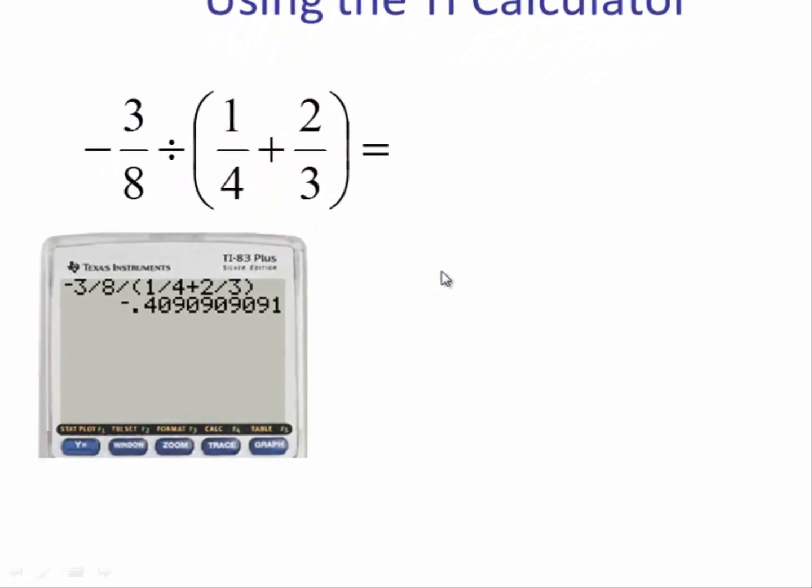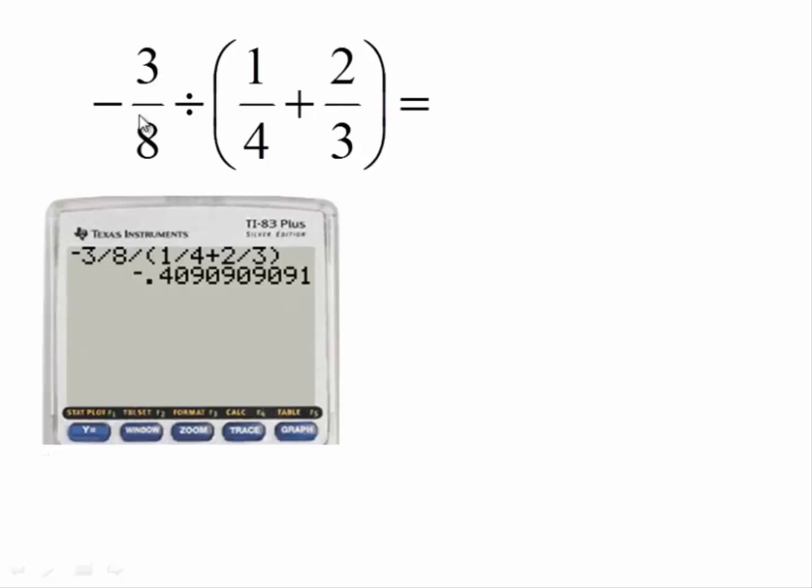Now if we're using the calculator to do this, we would have to type in the negative 3/8, then divide, and we would have to include parentheses here, and we get negative 0.4090909.